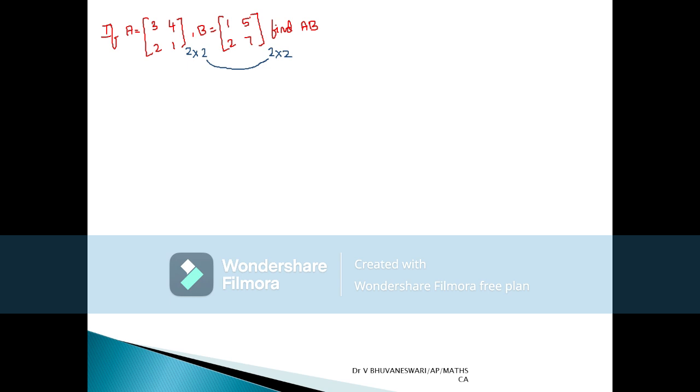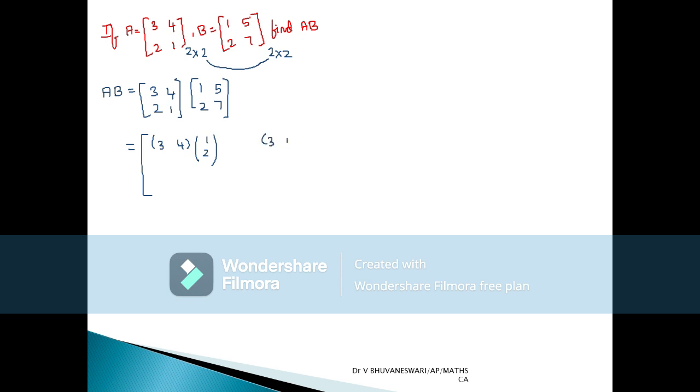So we need to multiply the two matrices AB. 3, 4, 2, 1 needs to be multiplied with 1, 5, 2, 7. Okay. Consider the first row of your first matrix. It is nothing but 3, 4, and this needs to be multiplied with the first column of your second matrix.